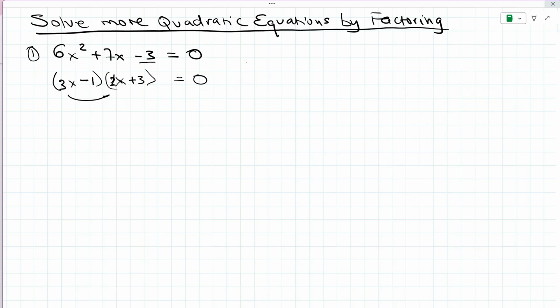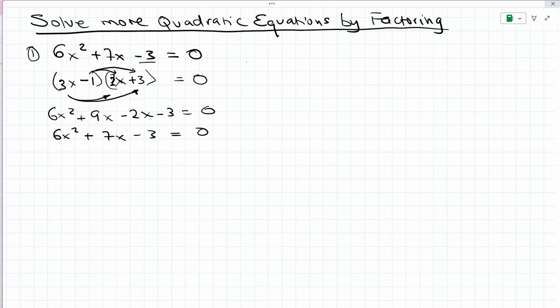So 3x multiplied by 2x will give us our 6x squared. 3x times 3 will give us positive 9x, and then minus 1 by 2x will give us minus 2x, and then minus 1 times 3 will of course give us minus 3, which should give us 0. And that's true because when we simplify this expression further, 9x minus 2x will give us 7x, minus 3 will give us 0.